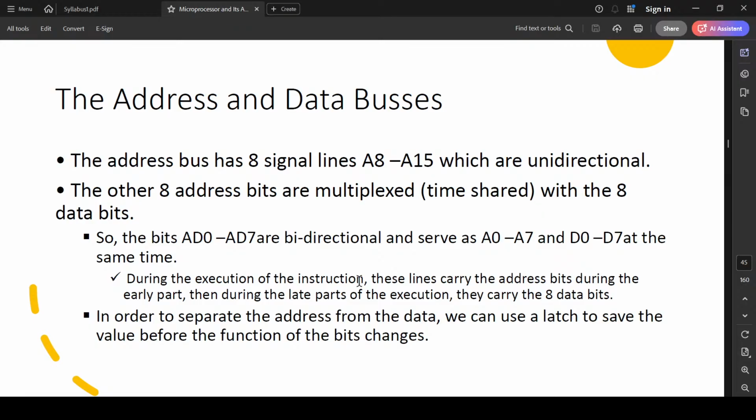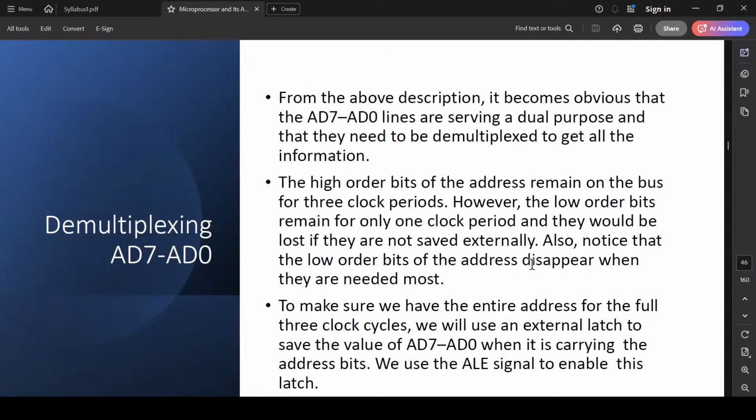We will save the values of the address bits, and then it will turn into the data type. From the above description, it becomes obvious that the AD0 to AD7 lines are serving a dual purpose, and that they need to be demultiplexed to get all the information.